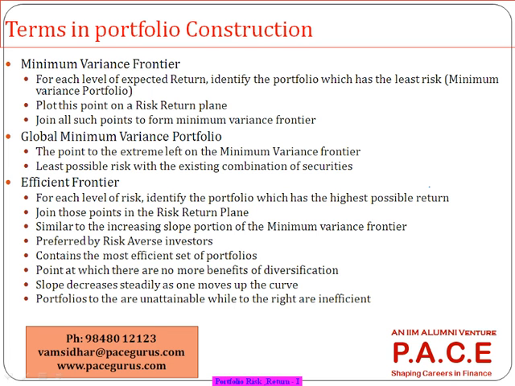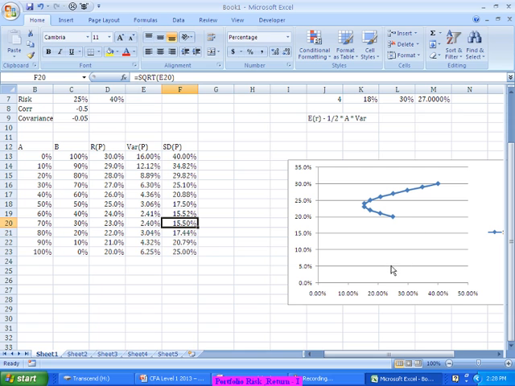What is also important is that some portfolios are unattainable. Let's say I want to take very little risk, but I want very high return. Like in this case, probably this person wants to take 30% risk, but wants 100% return. The portfolios which are above the efficient frontier are completely unattainable.